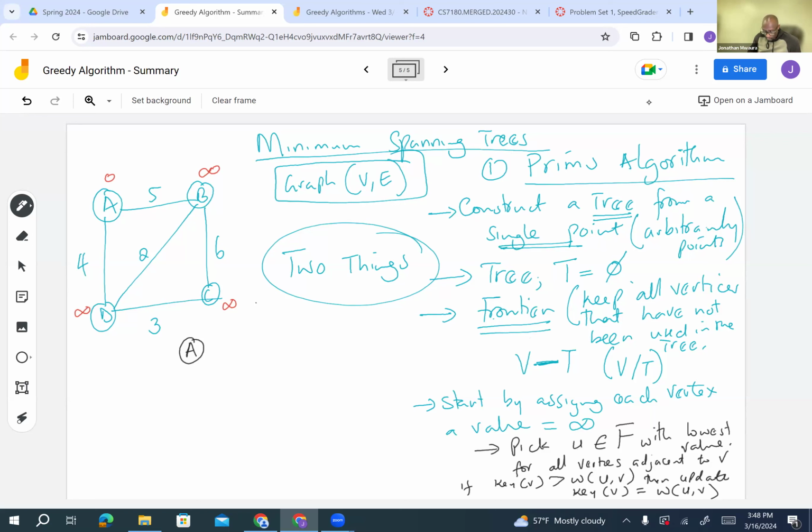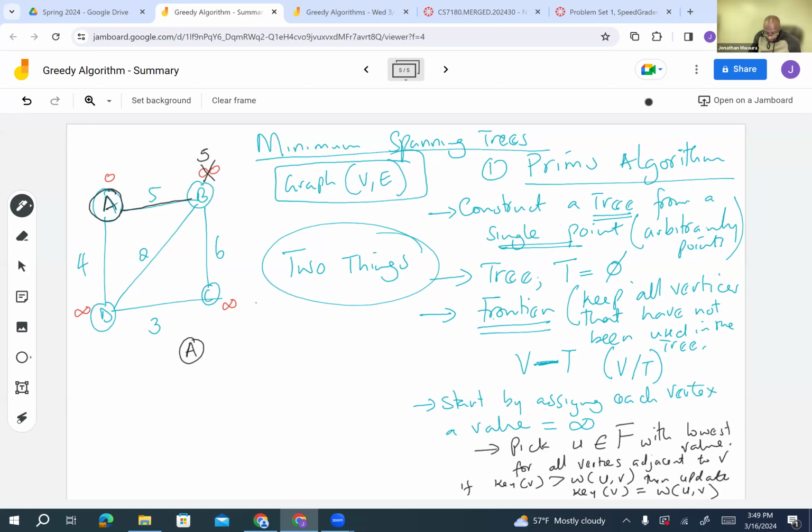So let's imagine this. We picked up A here. Now, what are the vertices adjacent to A? Remember, this is the degree of A. The degree of A is 2, and the vertices next to it are B and D. From A to B is 5. 5 is smaller than infinity, so we update this infinity.